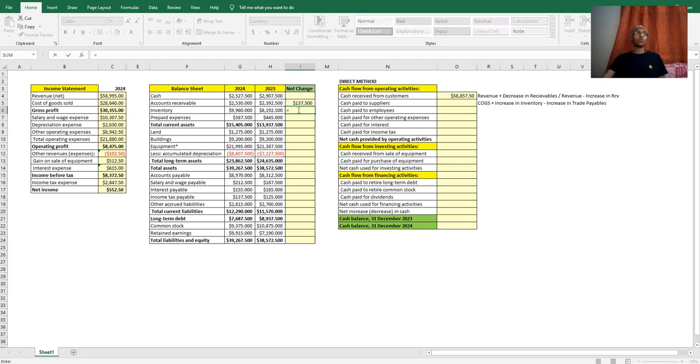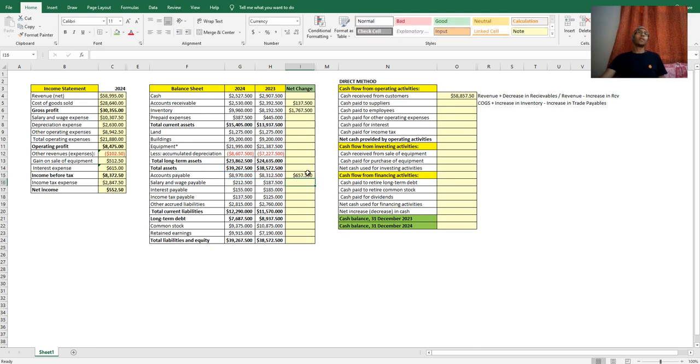Let's see. Change in inventory is equal to this minus this. So inventory has increased. And trade payables, accounts payable, you have to again check. This minus this.